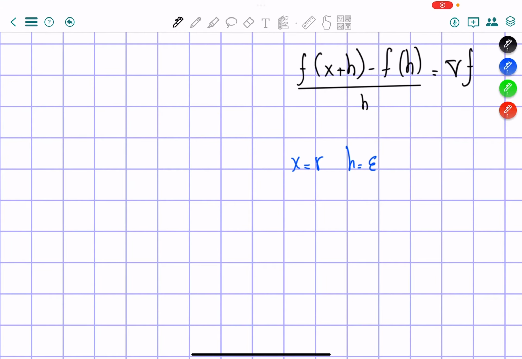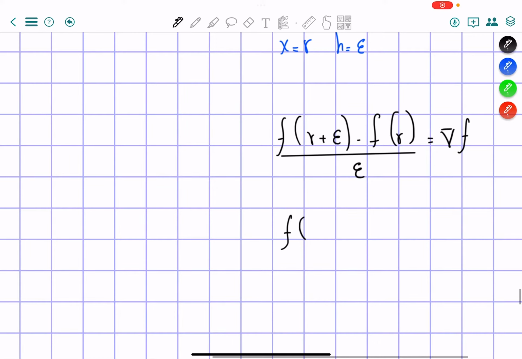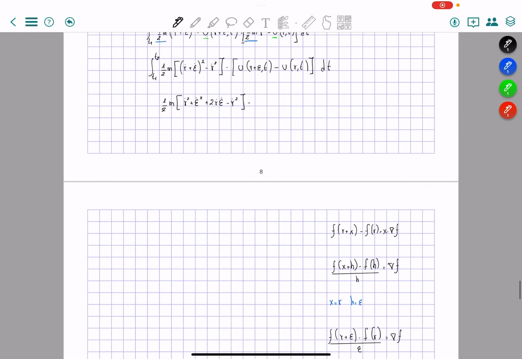I'm going to have f of r plus epsilon minus f of r over epsilon is equal to the gradient or derivative of f. Then we'll multiply both sides, so we get rid of the epsilon at the bottom, so we'll have epsilon times the gradient of f.